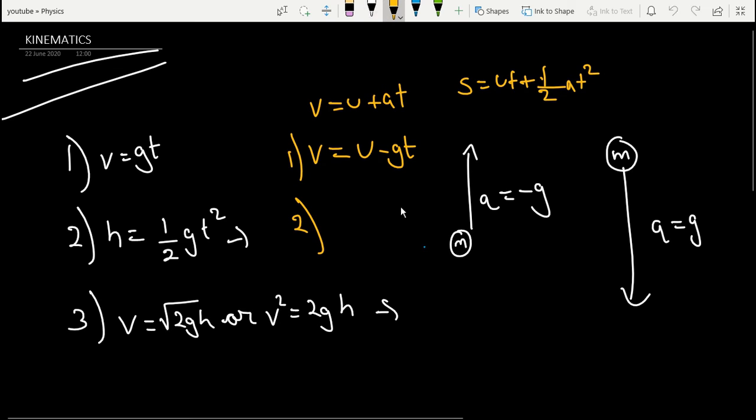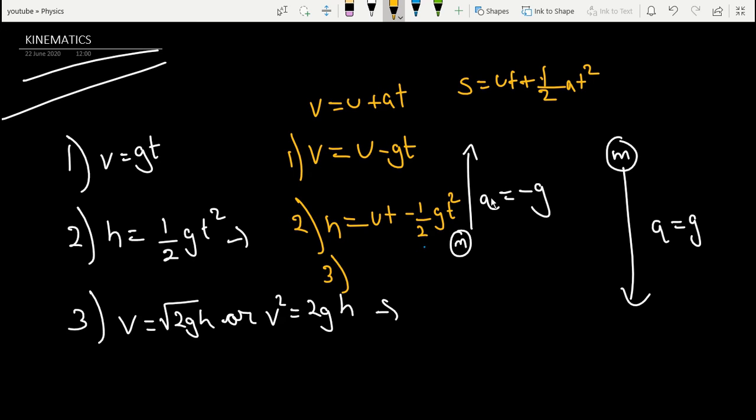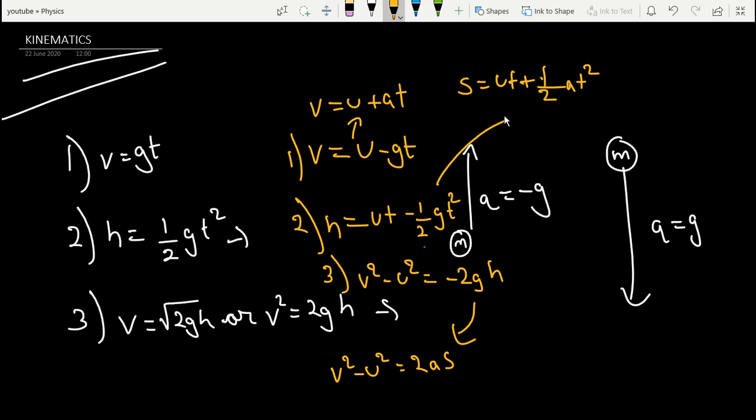The modified equation will become h, which is height, is equal to ut minus half g t square. Now the third, v square minus u square is equal to 2as. This will be modified to become v square minus u square is equal to minus 2gh. Understood this one? So this is of this, and this is of this.